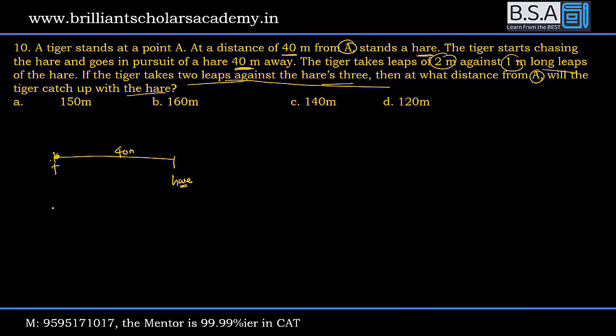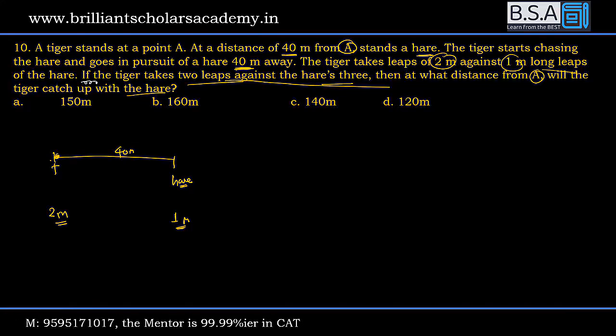Now, when this tiger jumps, it covers 2 meters in one jump, and this one covers 1 meter. This one is traveling less distance, and this is very important. Listen to this. Understand the significance of this.